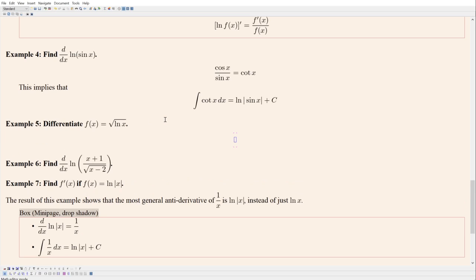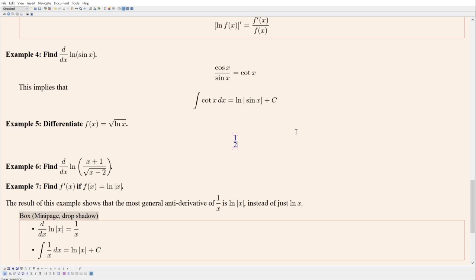So differentiate square root log x. Okay, so again, this is an example of the chain rule. Here we have log x to the power 1/2. There I am differentiating the power 1/2, right? That's a 1/2 up here, so bring down the 1/2 and then subtract 1. 1/2 minus 1 is negative 1/2.